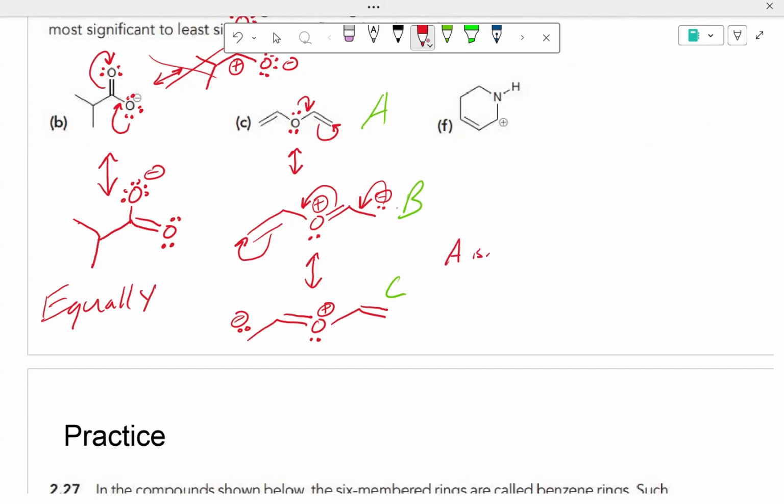So we would say A is most significant since it has no charges. And what can we say about B and C? B and C will contribute equally, but still be kind of a minor contributor.